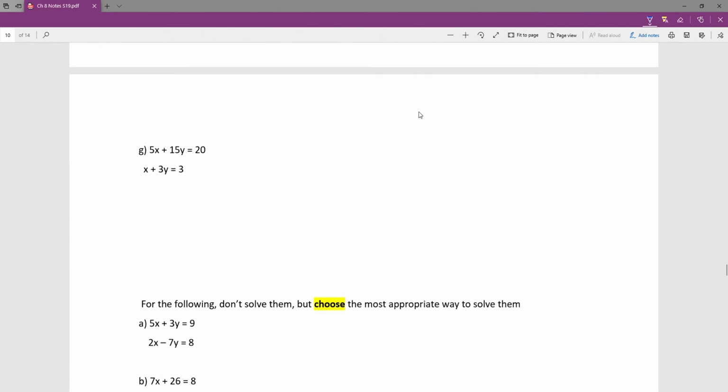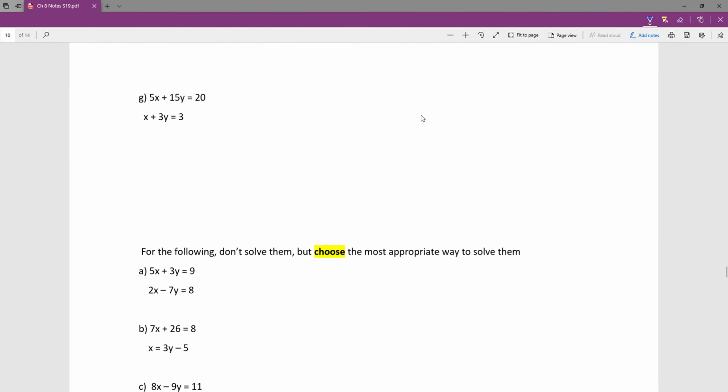Top of the page, we have one last one. We've got equation 1 and equation 2. There's lots of different choices that you might make to make this one work. I'm going to take the second equation and multiply it all by a negative 5. So that would give me a negative 5x and a negative 15y, equaling a negative 15. The top equation is that positive 5x and the positive 15y equaling 20.